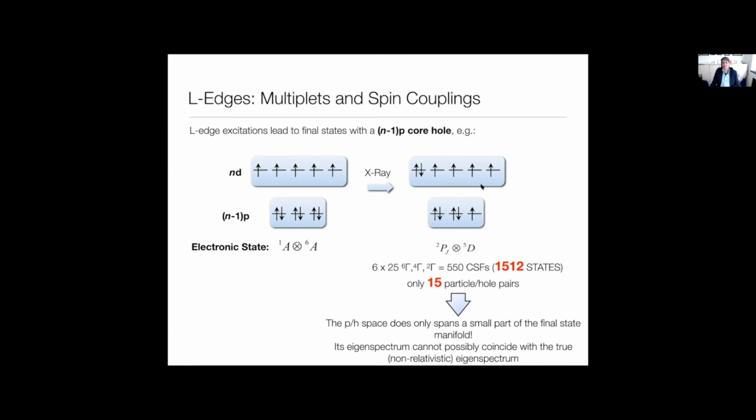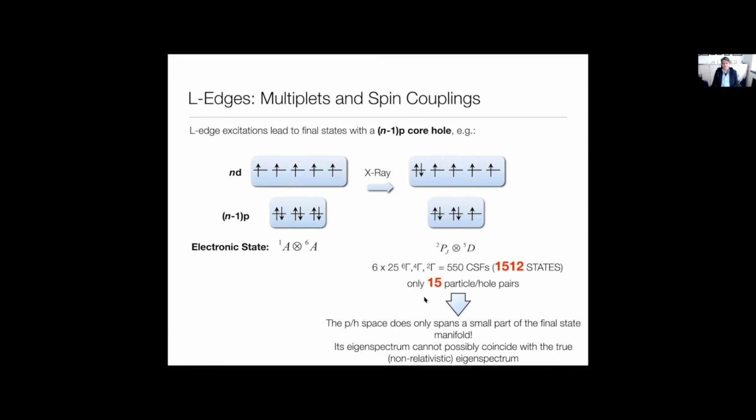But you only have 3 times 5, meaning 15 particle hole pairs. That means that, as a matter of fact, the many particle Hamiltonian has 1,512 eigenvalues, and that means there are 1,512 possible transitions, and they all contribute to the observed spectrum.